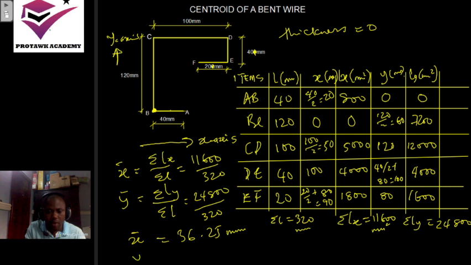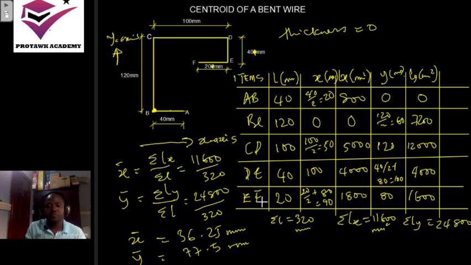While our y bar will be equal to 24,800 divided by 320, which is 77.5 millimeter.